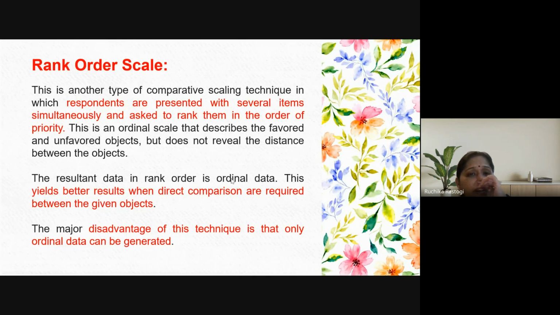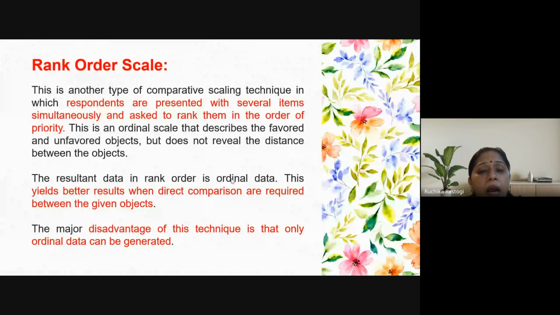Now, the second one is, when to use it. Generally, when you want a direct comparison between the objects which are provided to you, and you are asking people directly to rank these goods on the basis of quality. So in research, how can we use it?